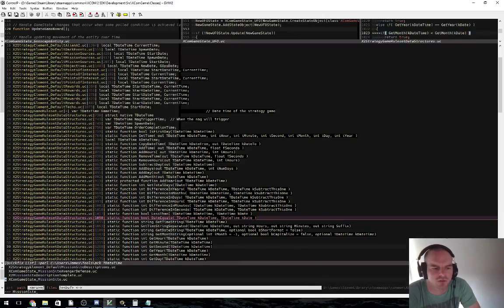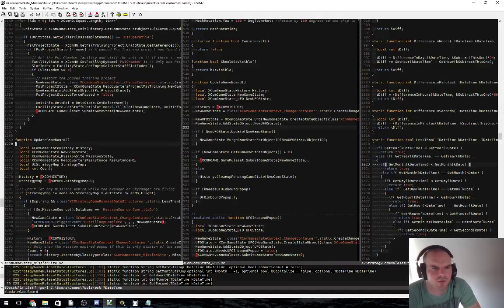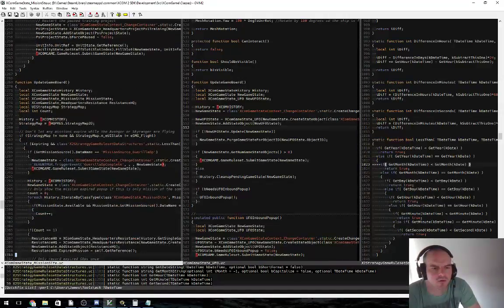Let's go missions site.uc, update game board. So yeah, that's where it creates a new stake container and does its thing. So update game board is the thing.